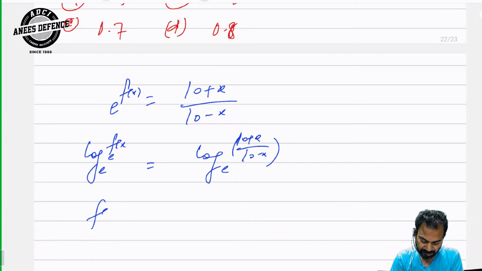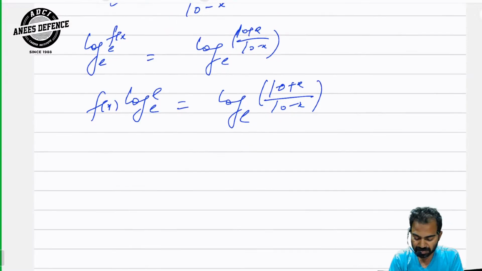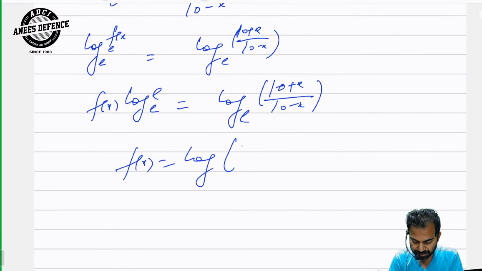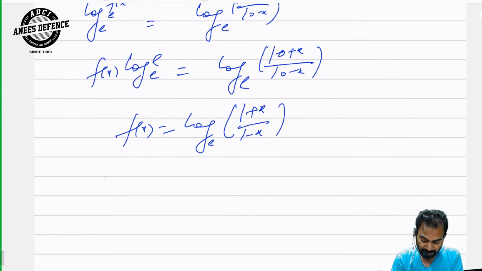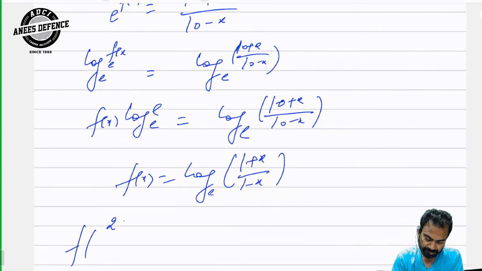So f of x will become, by the power law of log, you know about it, log of (10 plus x) upon (10 minus x), base e. Any problem? Log base e to the base e is 1. So f of x is log of (10 plus x) upon (10 minus x) to the base e.